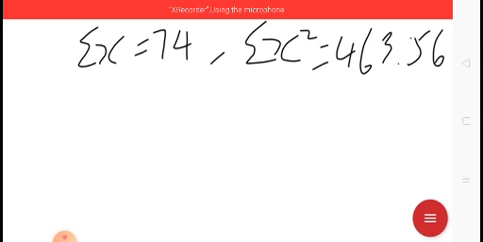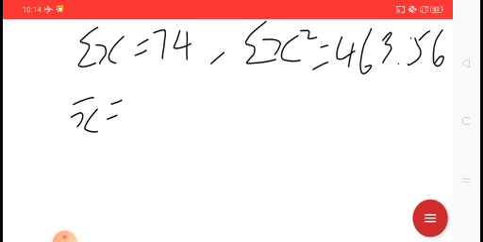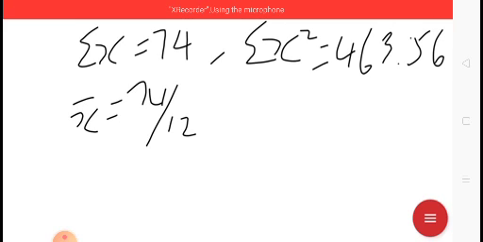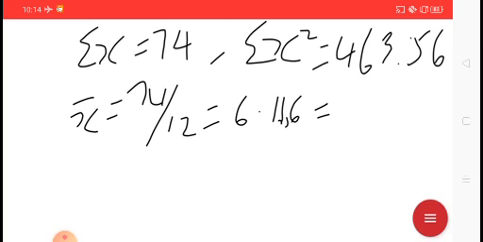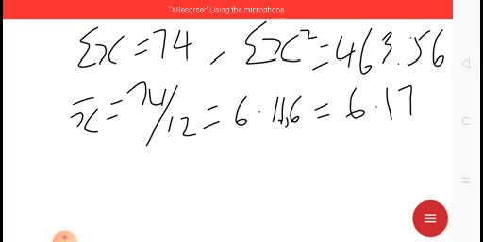Now we calculate the mean. The mean, if you use the random sample to estimate, is equal to 74 over 12. You should get 6.166, and you can simplify to 3 SF as a final answer.